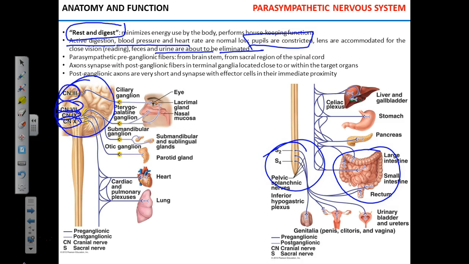Now you can see that preganglionic fibers, let's trace one of them. So preganglionic fibers will go from, say, brainstem to the ganglion, or sacral region to the ganglion. Does that make sense? Can you see the ganglia? This is ganglion, this is ganglion, this is ganglion.